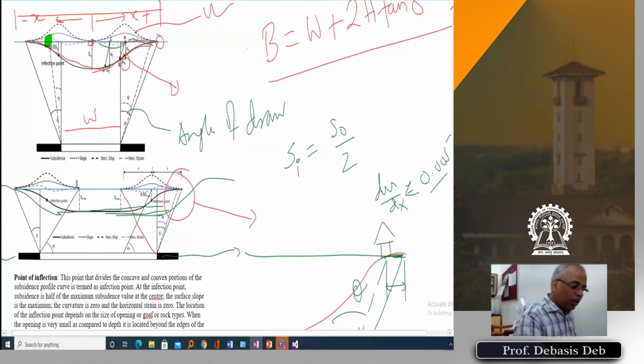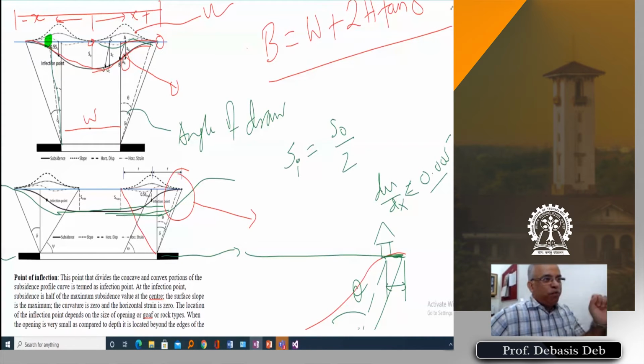Then we draw this line from that point, and that angle will give me the angle of break. Wherever it has broken on the surface or a crack has happened, if I can pinpoint that point and draw a line from the panel edge, the angle with the vertical line is called the angle of break.